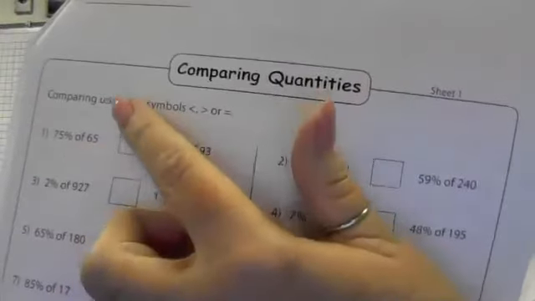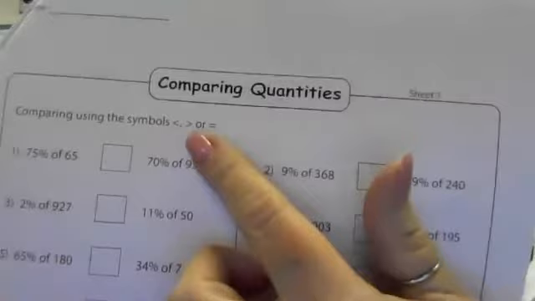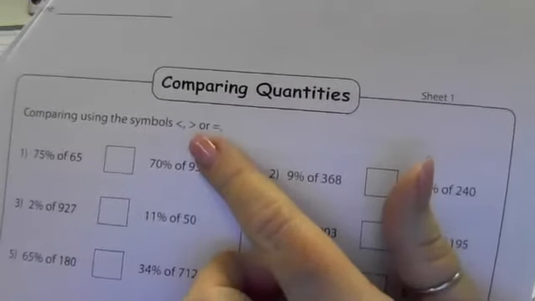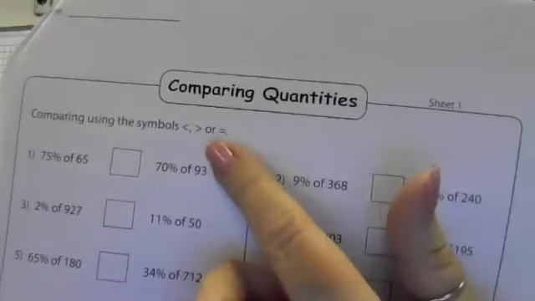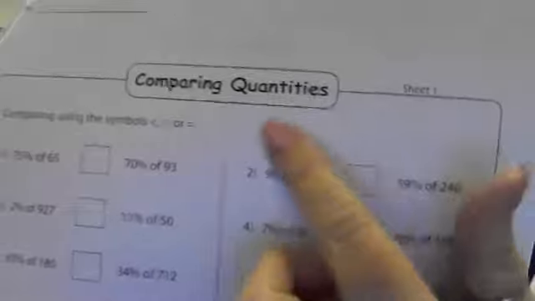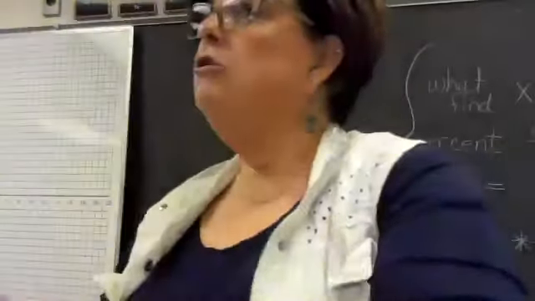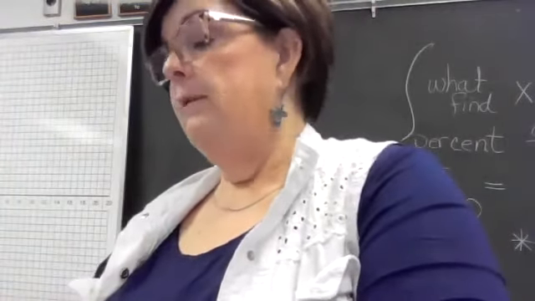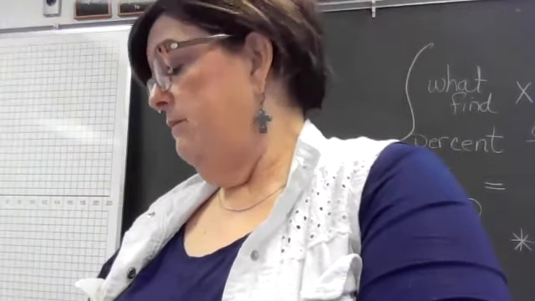And then what the instructions say is in the box, you're going to practice: are the quantities less than, greater than, or equal to? So you're not only going to find percentages now, you're going to go back and practice your greater than, less than, and equals. And then they have a couple of word problems down there.